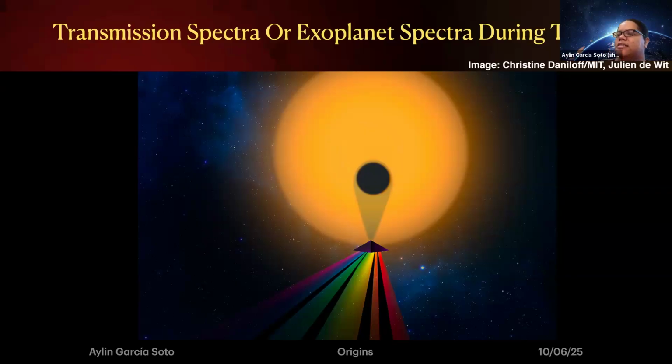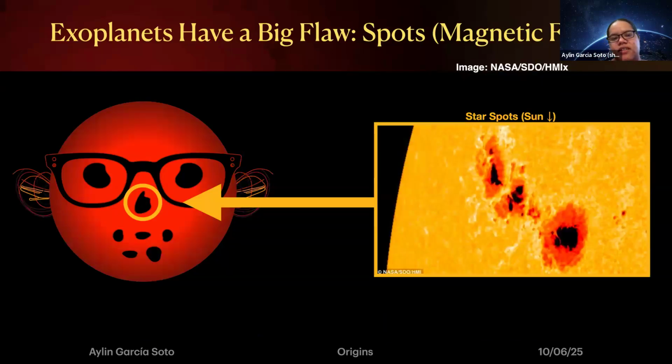And so you can get an idea of what the exoplanet atmosphere looks like. However, there's an issue with that, because you really need to know what the surface of the star looks like in the first place. It's not homogeneous, as I mentioned before. It has a lot of different surfaces.